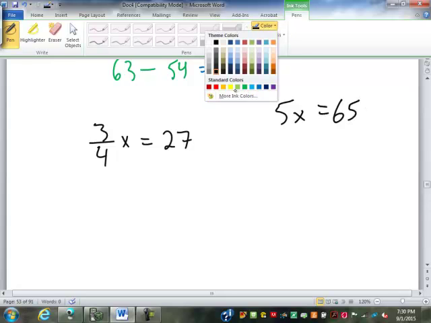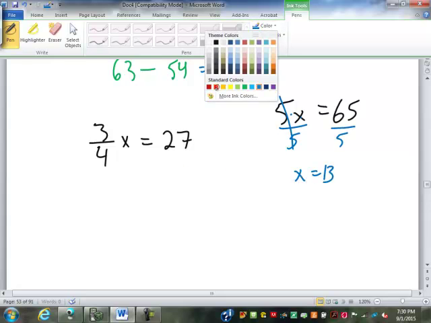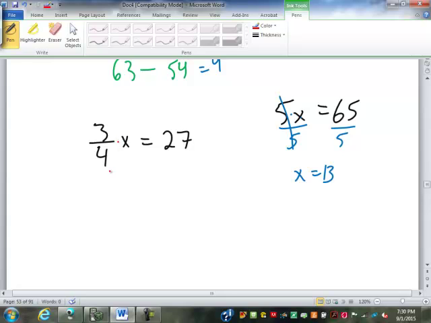How would we solve that? The x has been multiplied by 5, so to solve it, we're going to divide by 5. X equals 13. Over here, x has been multiplied by 3/4, so we're going to divide by 3/4.